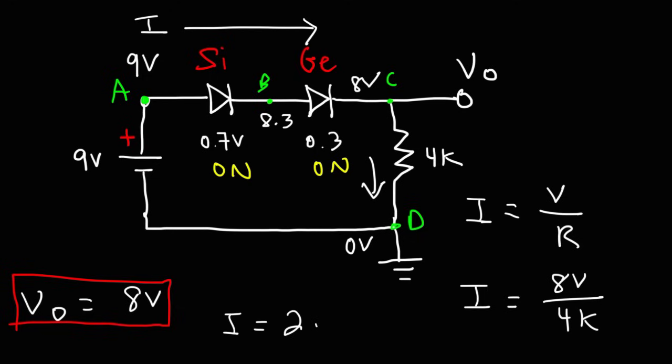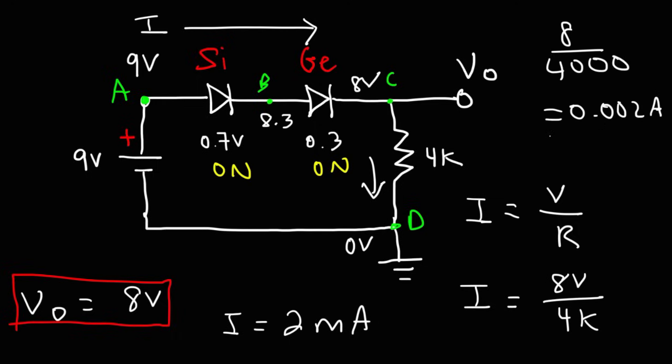So 8 divided by 4 is going to be 2. Now keep in mind, you're really doing 8 divided by 4,000, which you should get 0.002 amps, which is equal to 2 milliamps. 1 amp is 1,000 milliamps, and 1 milliamp is 0.001 amps. So this is the current that is flowing in this resistor.